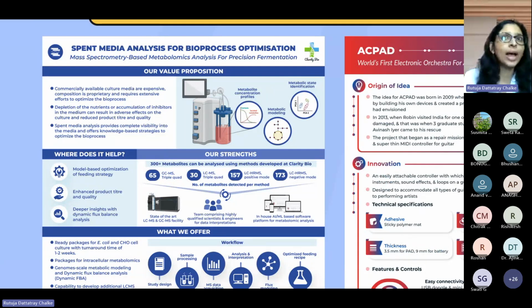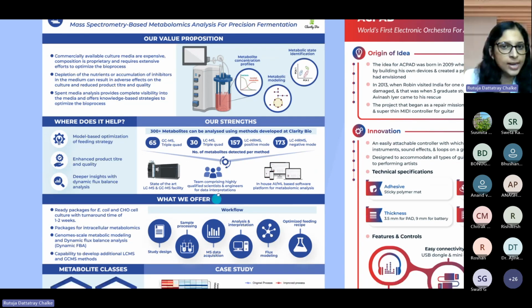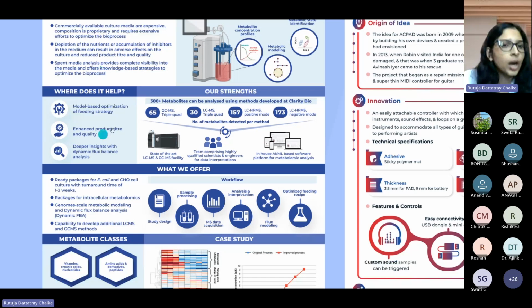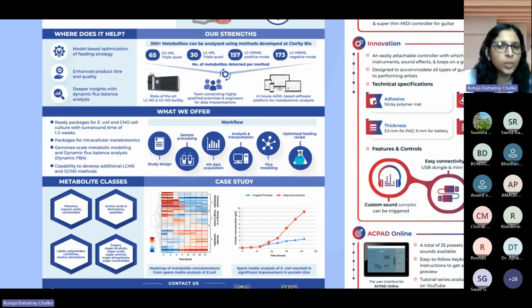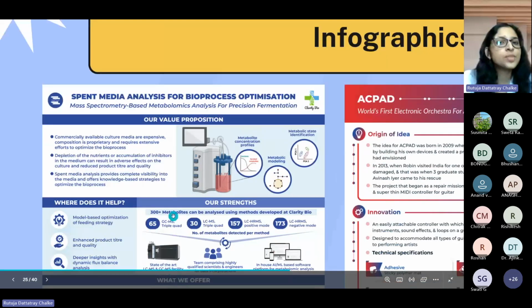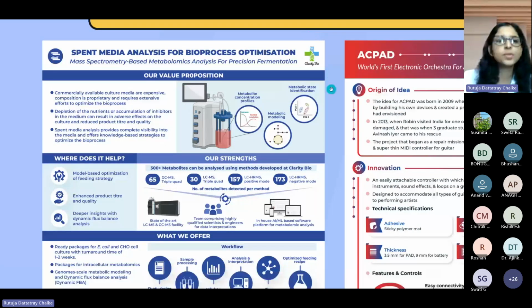I may not have a complete idea about this concept, but when I look at the headings, it's clearly showing me that they're giving their value proposition, where it is applied, the strengths of their services or product, the services they offer, and the workflow that they follow, and they are supporting that with some case studies.